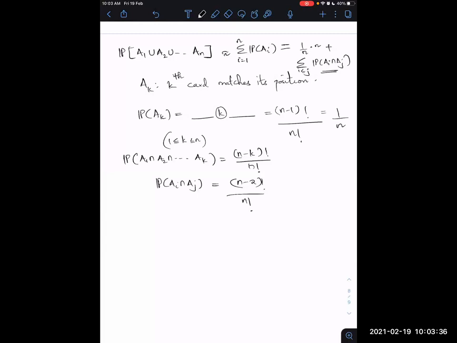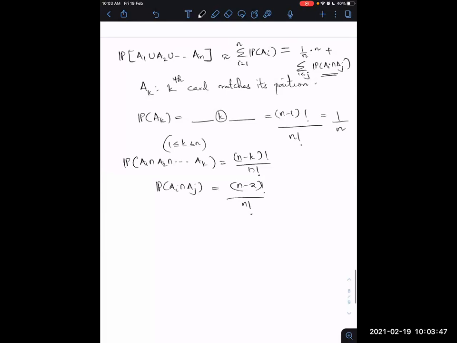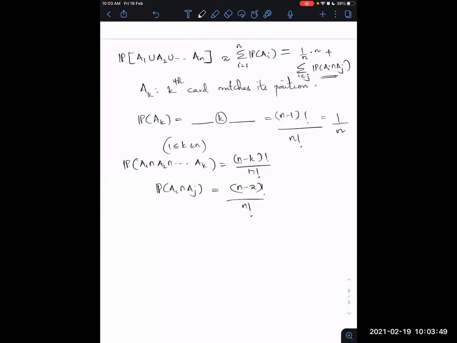Is that clear for everyone? Okay, cool. So since we just have to pick some set i and some set j, and we can pick 2 sets from out of these n sets in n choose 2 ways. So the number of terms in the sum would be n choose 2. And what is n choose 2 again?